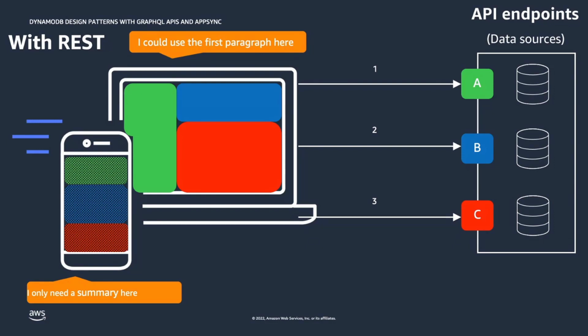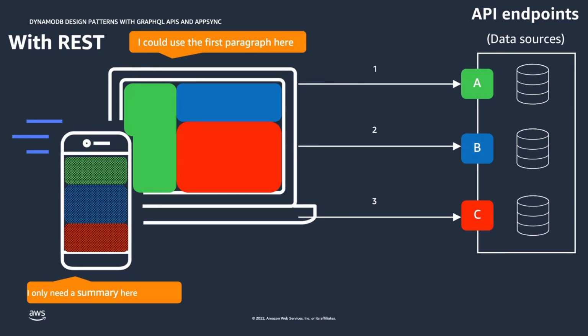What typically happens with a RESTful API is you have these different resources. And when you want to interact with those resources, you're going to have to make separate requests for all of those resources. Now, here, we're displaying three different endpoints, A, B, and C. You may have different endpoints, or you may have all of these resources being fulfilled by one endpoint.